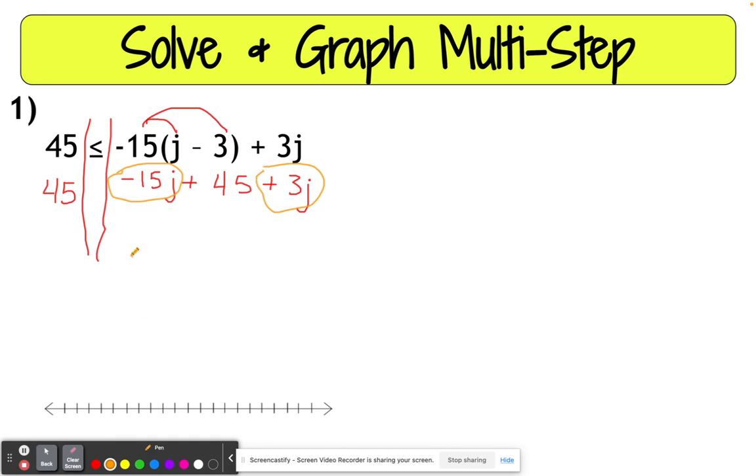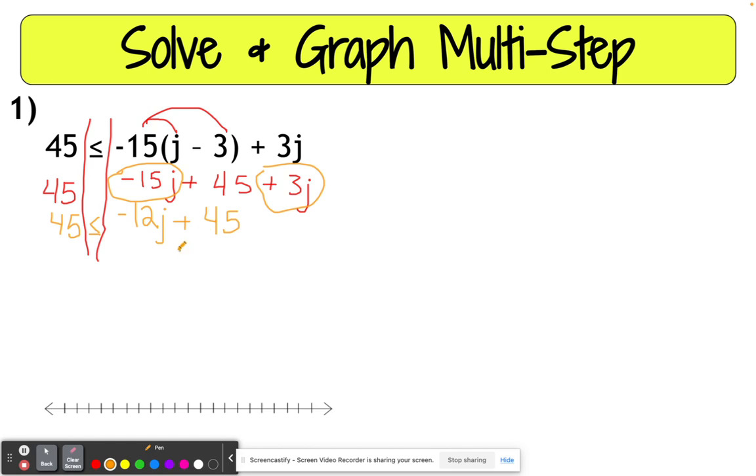And that will give me a negative 12j plus 45. And on my other side, I still have my 45. And bring down my inequality so I don't forget what it was.